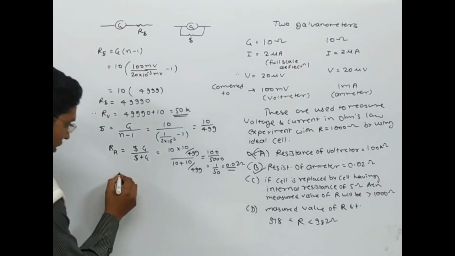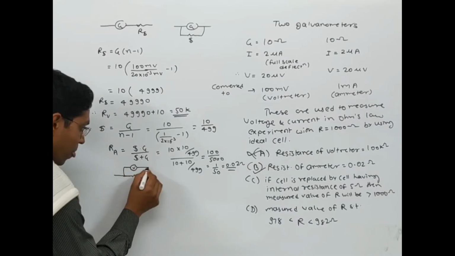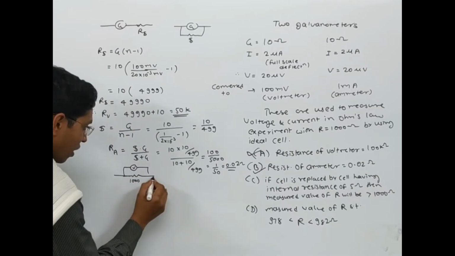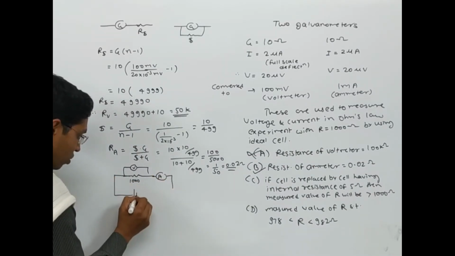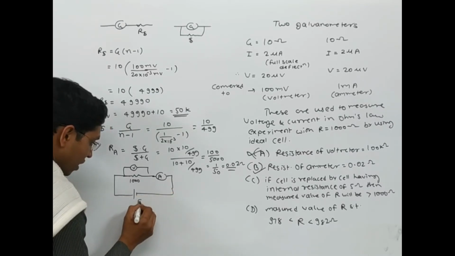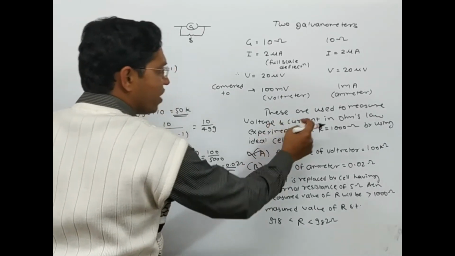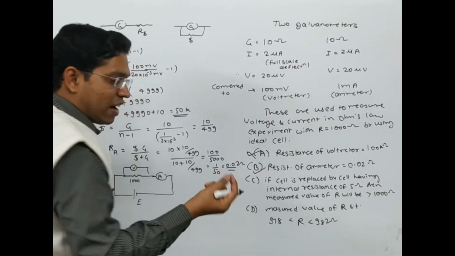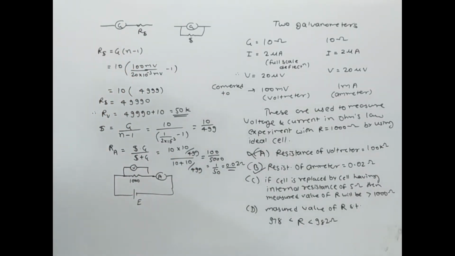They are saying that you use this voltmeter in parallel with the 1000 ohm resistance and connect the ammeter in series, then you connect a battery of EMF E with negligible internal resistance. They said these are used in the experiment by using the ideal cell. Ideal cell means it has negligible internal resistance.